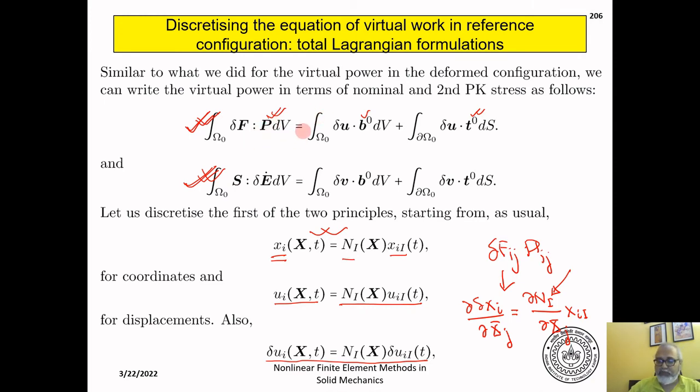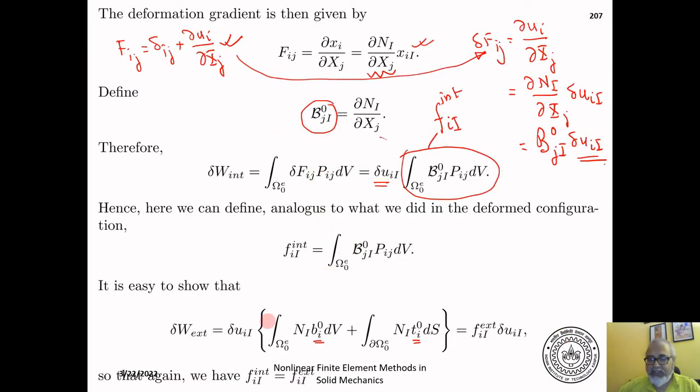We have discussed this point before, and this becomes F iI external. So again, you are left with an expression F internal equal to F external, which you then have to assemble, form for the whole system, and solve through Newton-Raphson in order to find the U that satisfies F external equal to F internal.